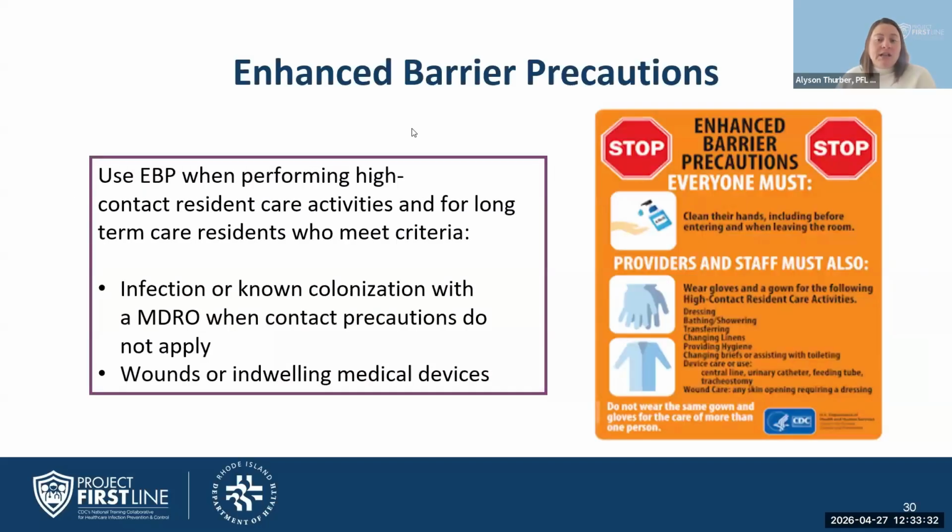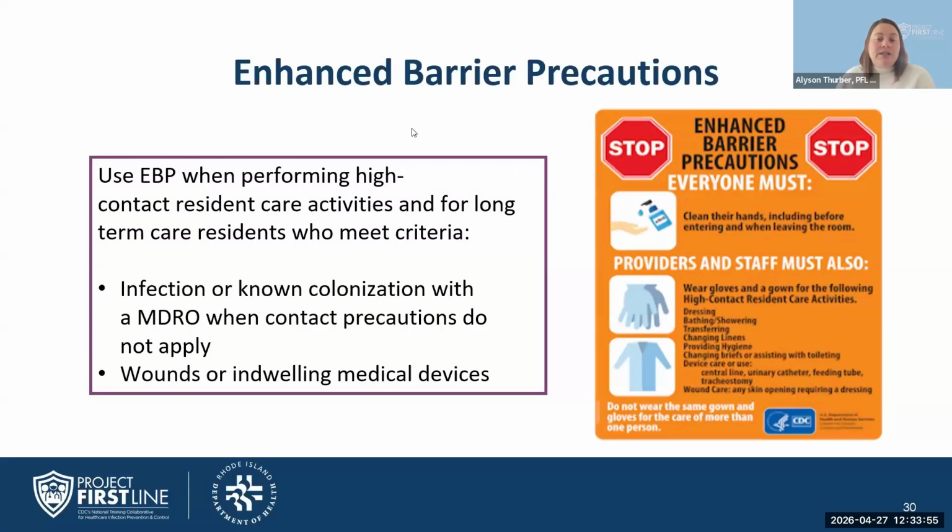Enhanced Barrier Precautions involves gowns and gloves during high contact resident care activities for residents known to be colonized or infected with an MDRO, as well as those at increased risk of MDRO acquisition, like residents with wounds or indwelling medical devices. So we are preventing spread from one resident to another.